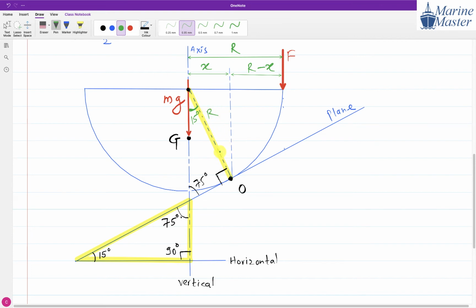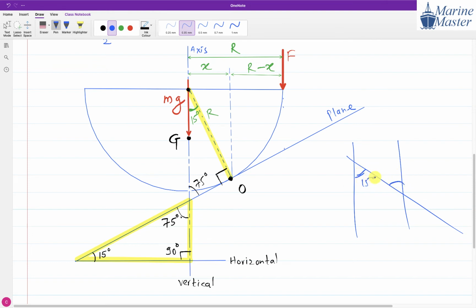Then what will be this angle? 75, sir. See, always remember this: suppose these two sides are parallel, then whatever the angle on this side, the opposite side has the same.